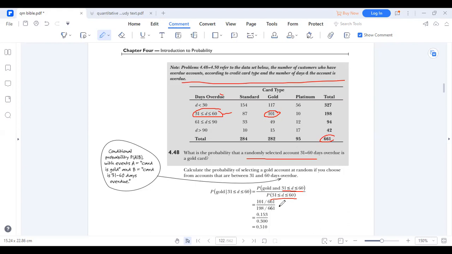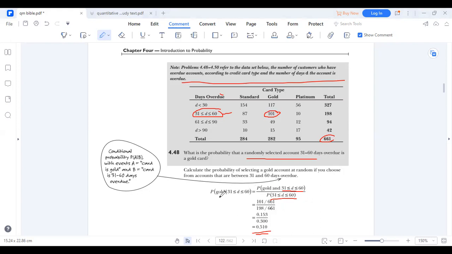So it's 101 over 661, then we divide by the probability of this interval of 61 to 60, which is 198 over 661. So the probability is 0.251. So this is it, the probability that we have from here.